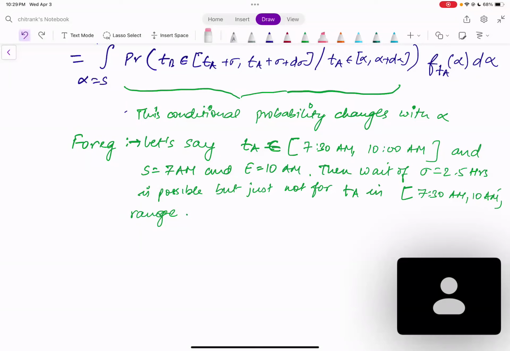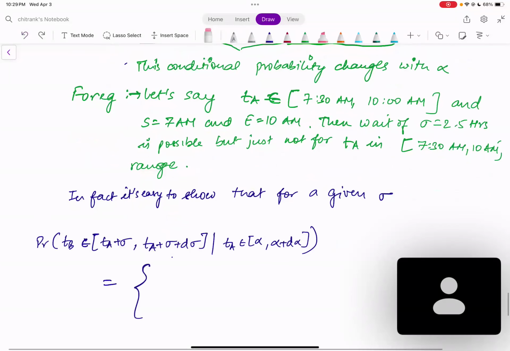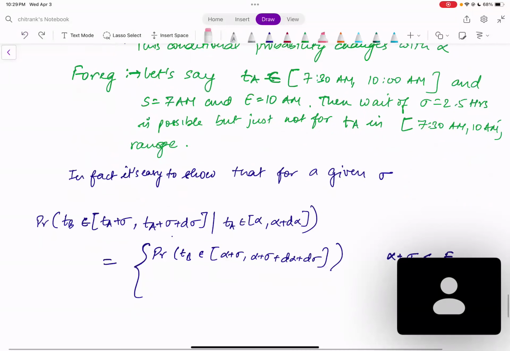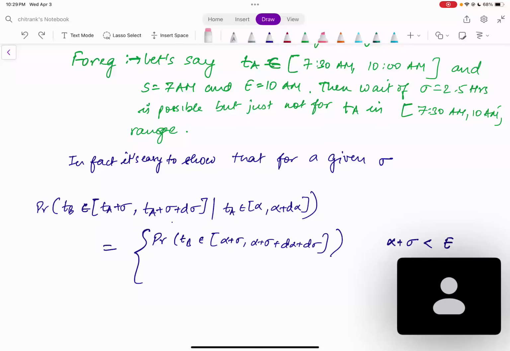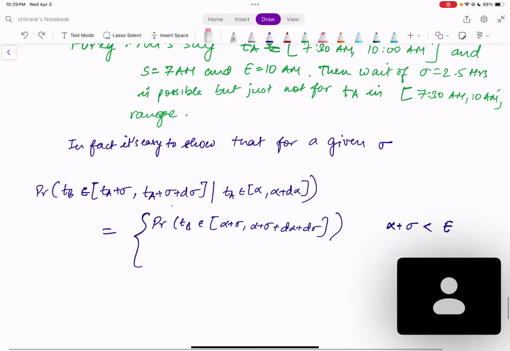All right, and in fact one can show that for any given sigma, this conditional probability is the probability that we saw earlier, which is to say the probability that TB lies in this range if your alpha plus sigma is less than E. All right. So as long as your alpha plus sigma is less than E, this conditional probability is exactly the thing that we saw before, right?